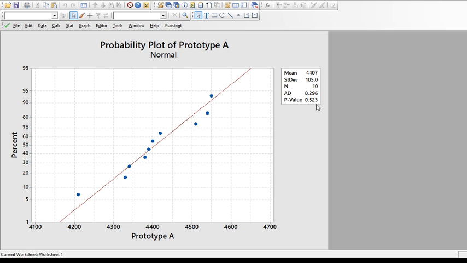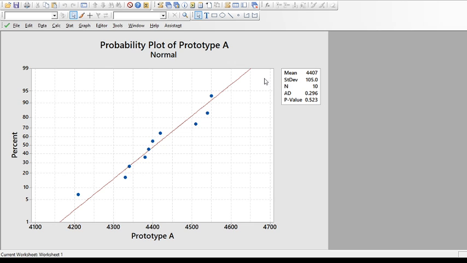So look at the p-value. The p-value is 0.523, which is more than 0.05. So it is 52%. What was the null hypothesis in my normal distribution test? This is also a hypothesis test. My null hypothesis was that it is a normal distribution, everything is normal, and the alternate is that it is a non-normal distribution.